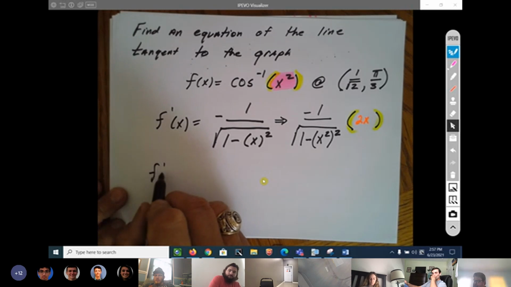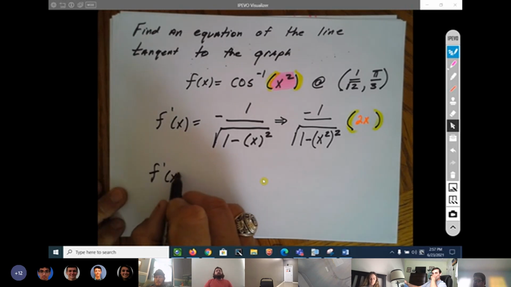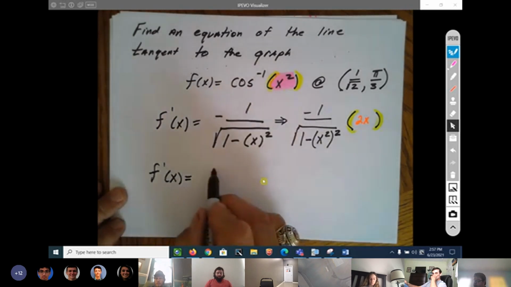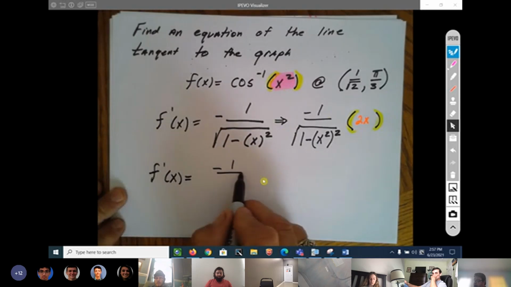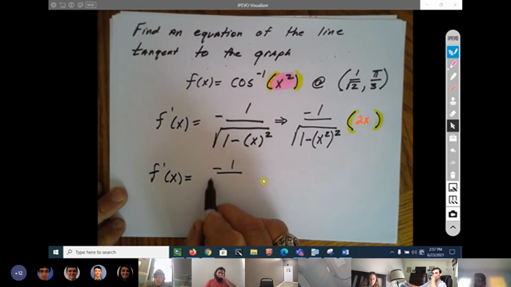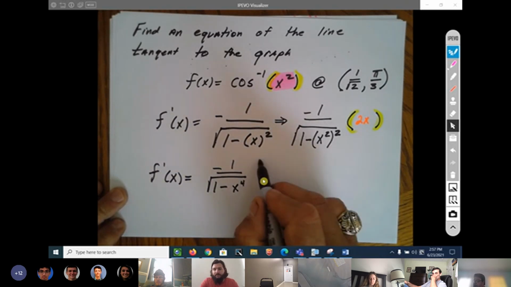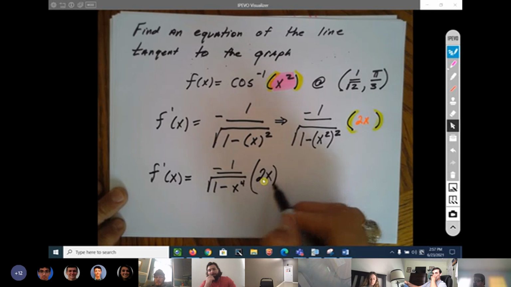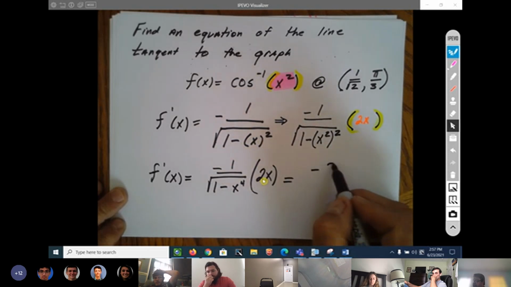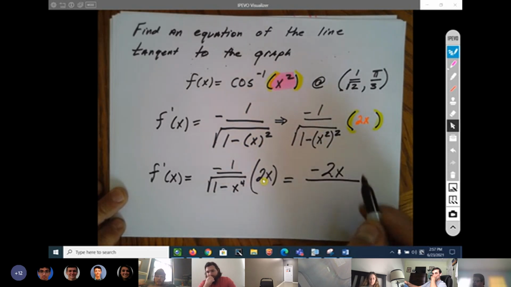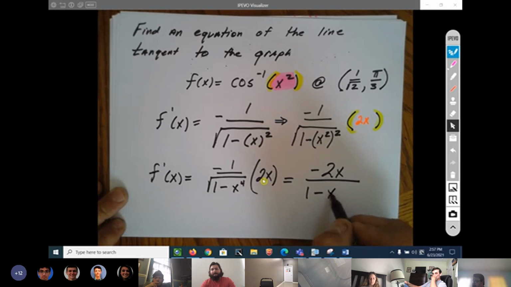F prime of x is equal to negative 1 over the square root of 1 minus x to the 4th times 2x, which is negative 2x over the square root of 1 minus x to the 4th.